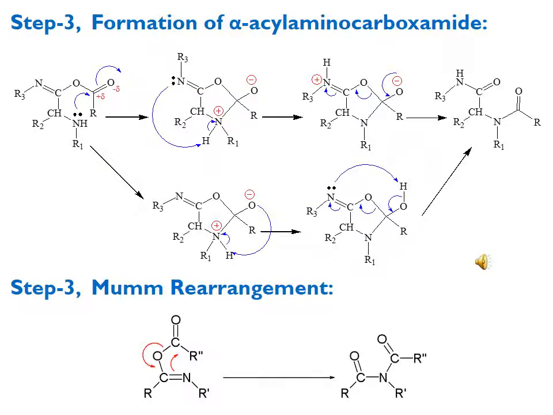Here is the last step of this Ugi reaction, the formation of the final product, the alpha acyl amino carboxamide. Here you can see the previously synthesized neutral species moving in such a way that the acyl group is shifted towards the nitrogen from this oxygen, and we get the final product.